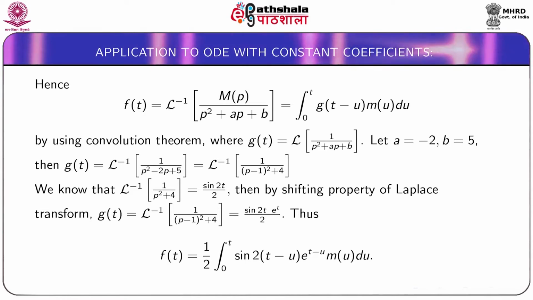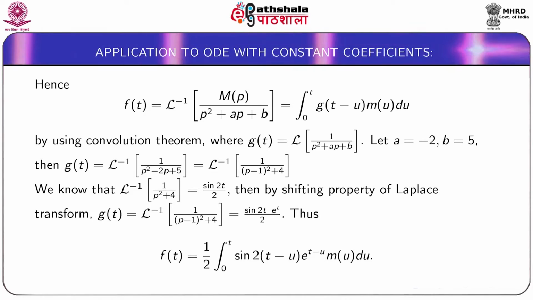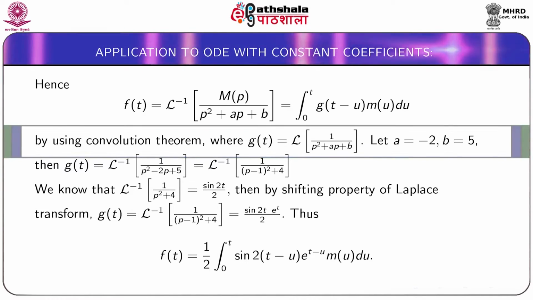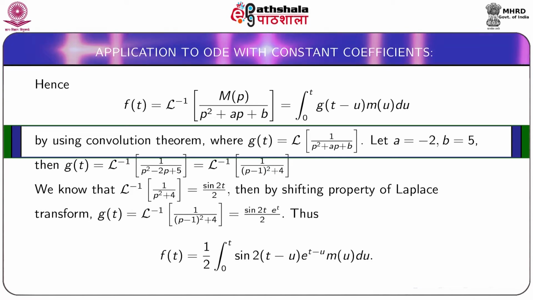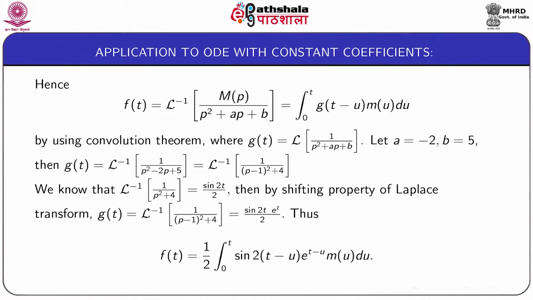Now, we know that M(p) is the Laplace transform of m(t), and if we consider g(t) to be the Laplace inverse of the function 1 by p square plus ap plus b, then we can use the convolution theorem to write f(t) as integral from 0 to t g(t minus u) m(u) du, and that gives the solution of the given differential equation.